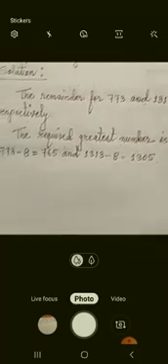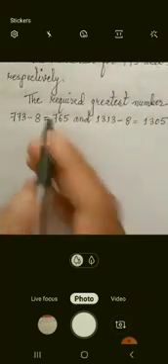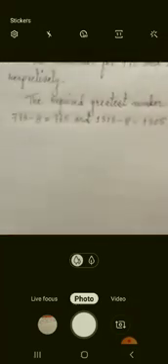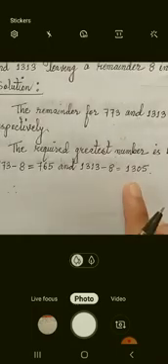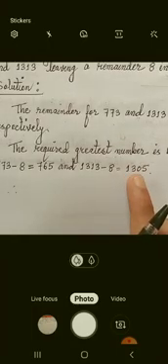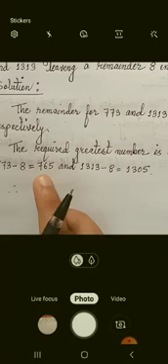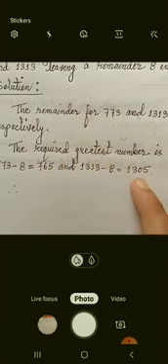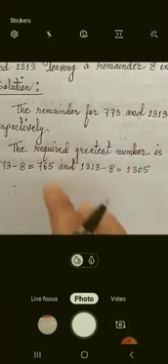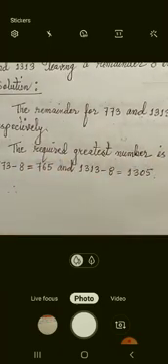After that, we should divide 1305 by 765, because this one is the greater one and this one is the smaller one.